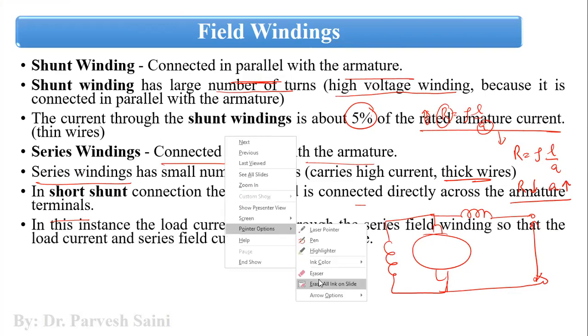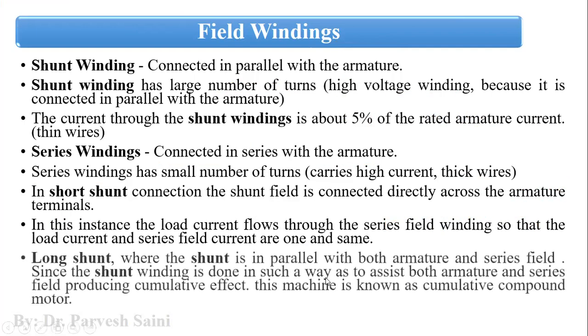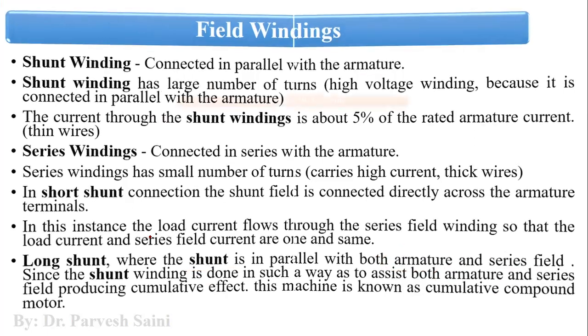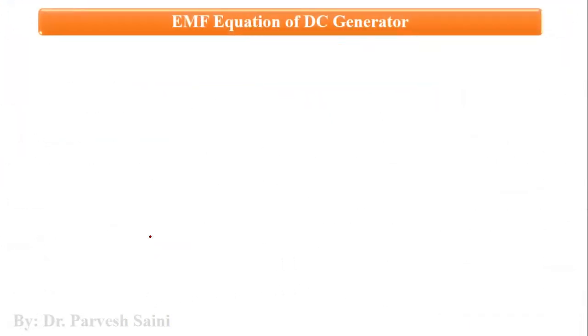In long shunt, both the windings are in parallel to the supply or the input terminals or load terminals. However, the series winding will be in series with the armature. However, the shunt winding will be in parallel to the combination of series and armature. You have already seen in the previous slide. Now, this was about the field windings. Now, let us come to the EMF equation of the DC generator.